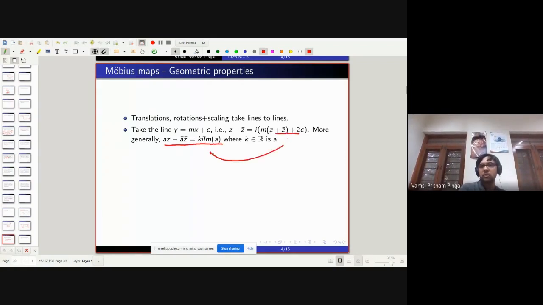This is a special case of this, because basically I'm saying take all the z's and the z bars to one side. So you get z times (1 minus im) minus z bar times (1 plus im). So this is 2iC, right?